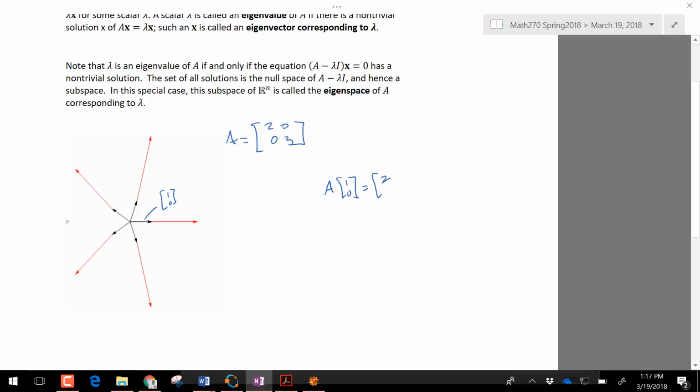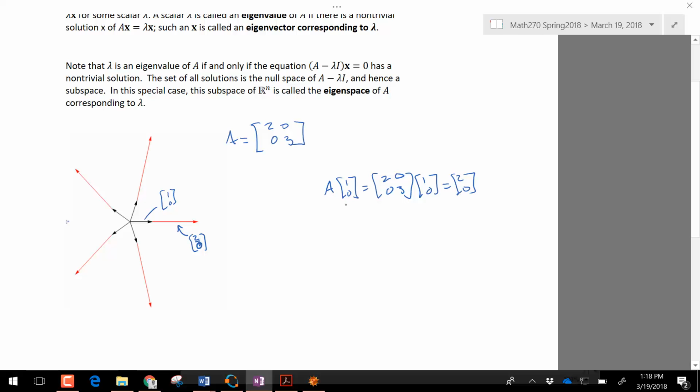So that's this vector here. And with the output vector, I just put it at the tail of the original vector, so it doesn't get too confusing.